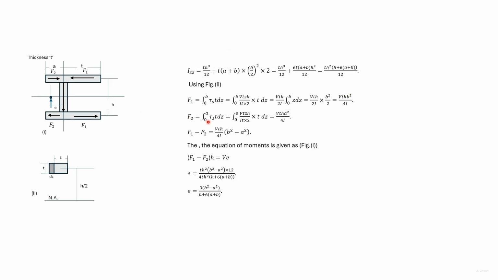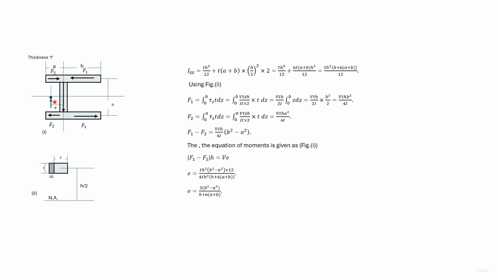F2 is found in a similar way, and we get a similar expression in terms of a as we obtained in terms of b in F1. So the horizontal force acting would be F1 minus F2. So it is given by this expression.